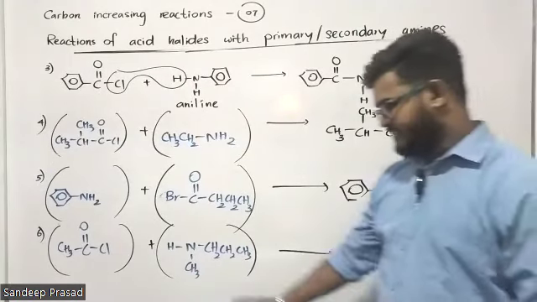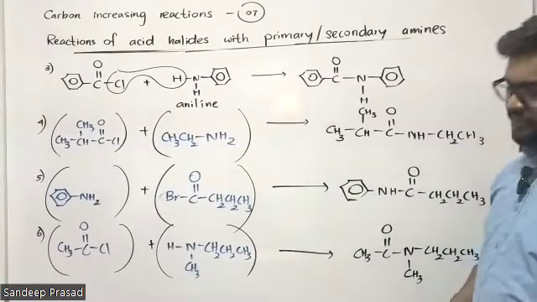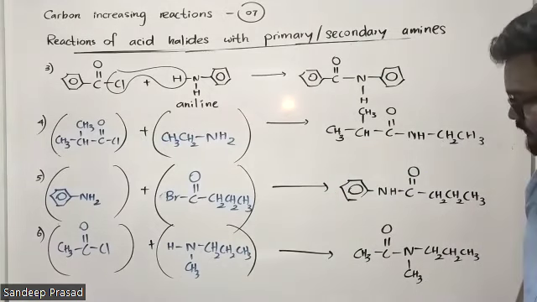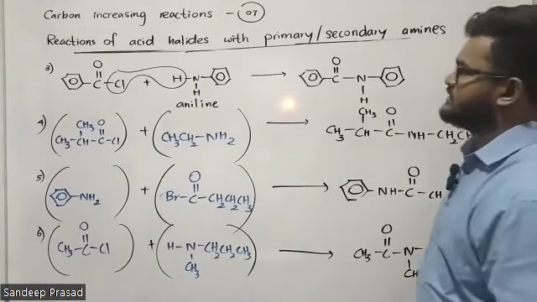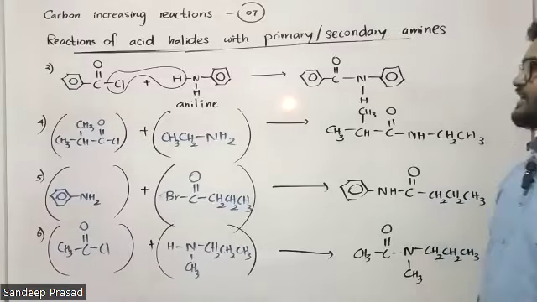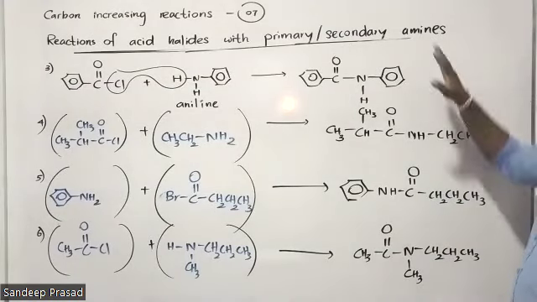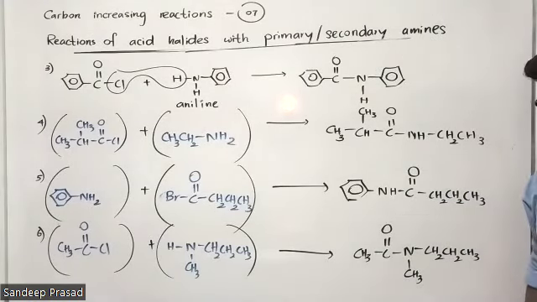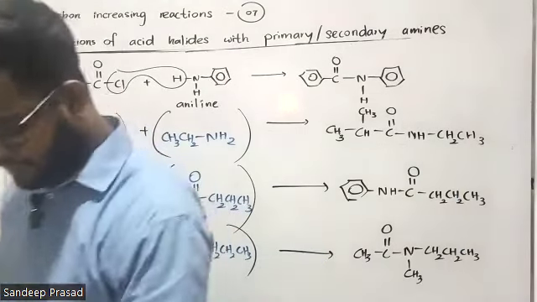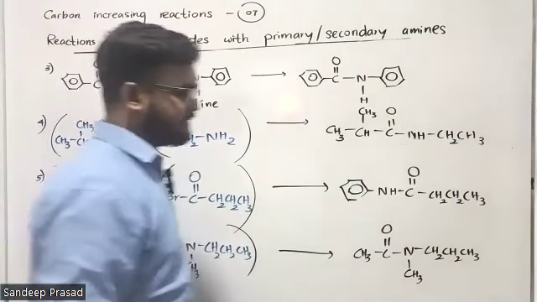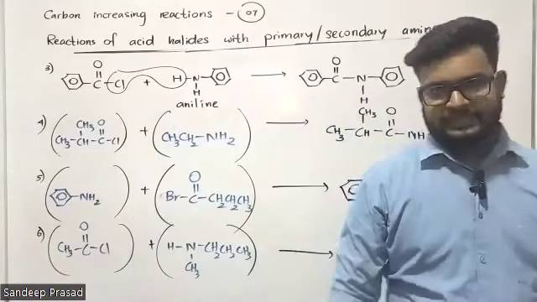So this is considered as methyl propylamine. Okay, students, that's all about this reaction. Carbon increasing reactions number 7, reactions of acid halides with primary or secondary amines. Right? Please remember that reaction. Let's learn the reaction mechanism of this reaction in the theory class.